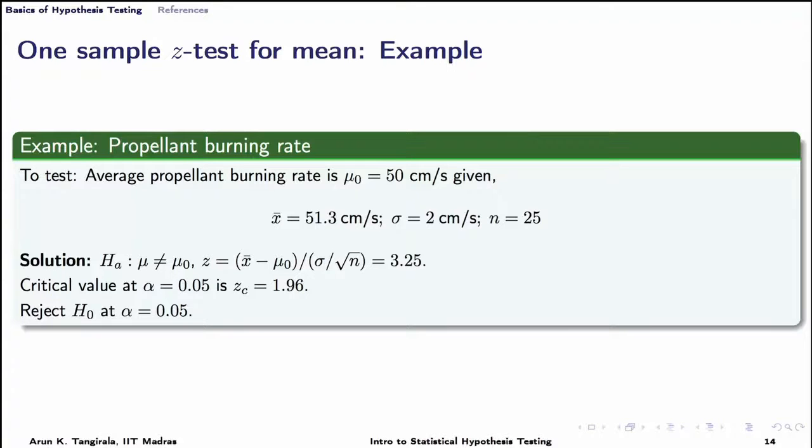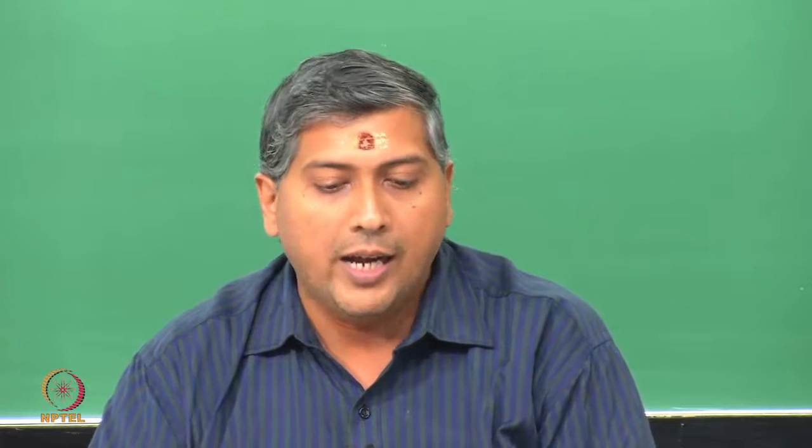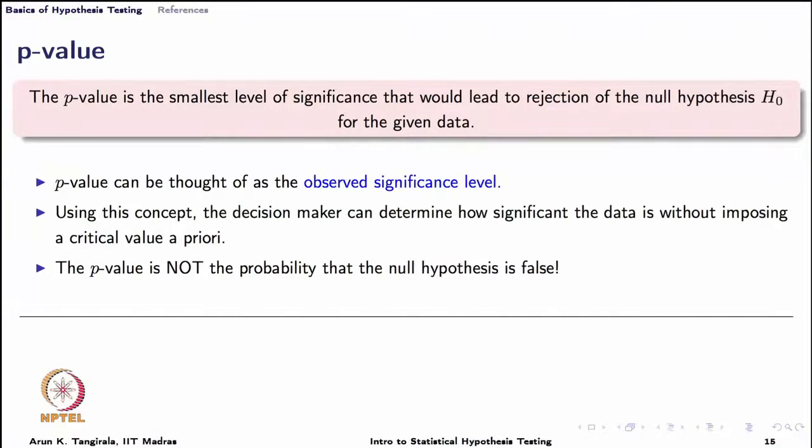Any value of alpha less than 0.0012 would have ended up in failing to reject the null hypothesis, and the value that we just calculated is called the P value. There are several interpretations to this P value, but let us look at the definition. P value is the smallest significance level that would lead to the rejection of H naught, and for the propellant burning rate example, it is 0.0012.